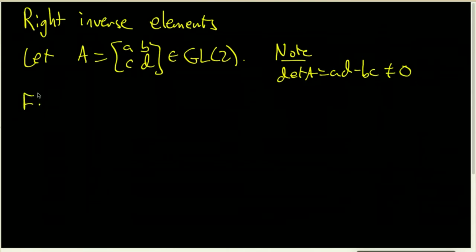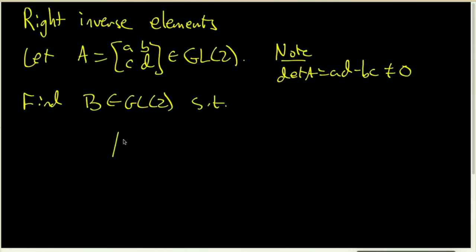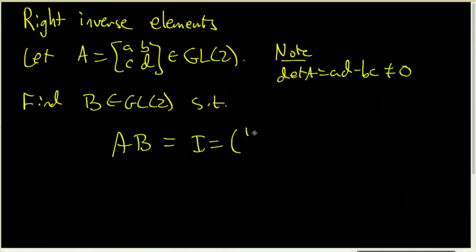I need to find a B inside GL2 such that A times B is equal to the right identity that we just got done dealing with. Again, you will notice that the B is on the right side of the multiply. I do not need to worry about whether or not BA is the identity because all I need is a right inverse.